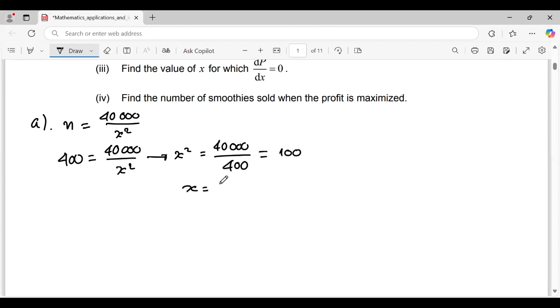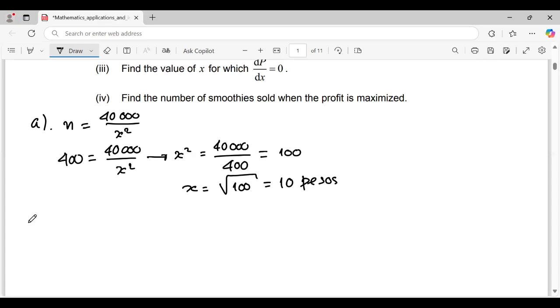So x equals the square root of 100, and this is 10 pesos. We got x is the price, according to the information.